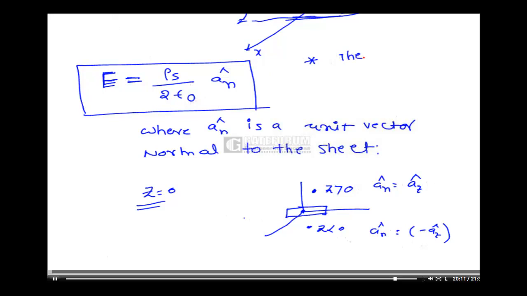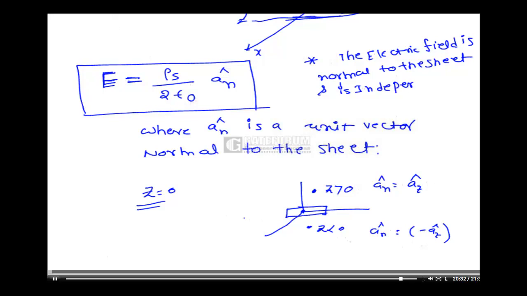The electric field is normal to the sheet, always normal to the sheet, and is independent of the distance between the sheet and the point of observation.